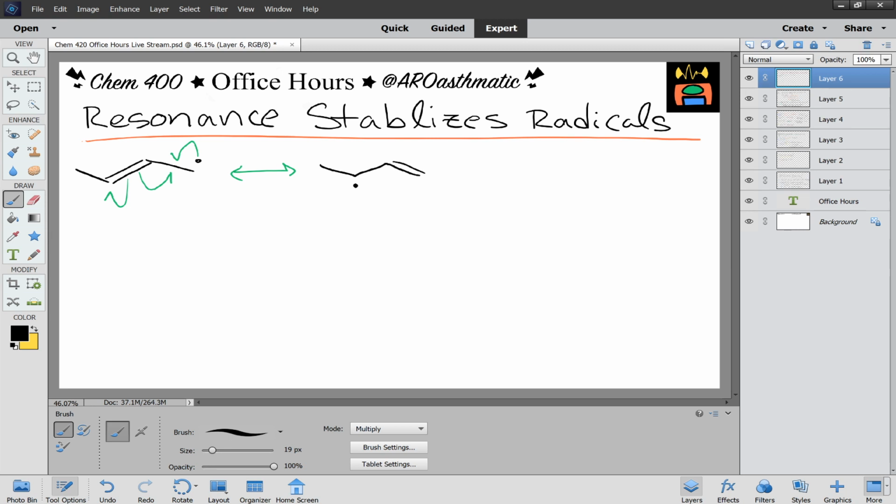All right, and this radical is delocalized. It spends some of its time on this carbon, some of its time on this carbon, and we say that it is delocalized.